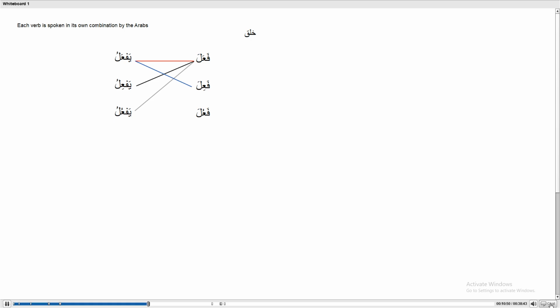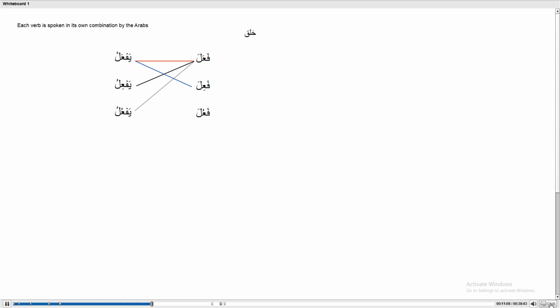You cannot say يعلِم, neither can you say يعلُم, because عَلِمَ is of the verbs which follow only this combination. So this combination is chapter 4 to them.